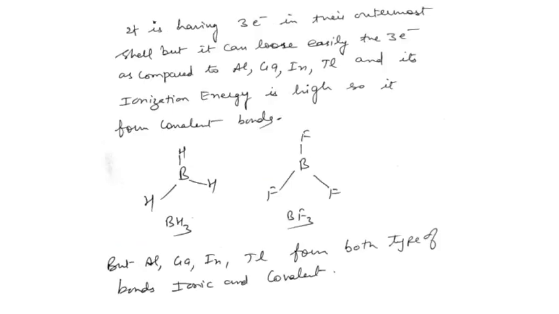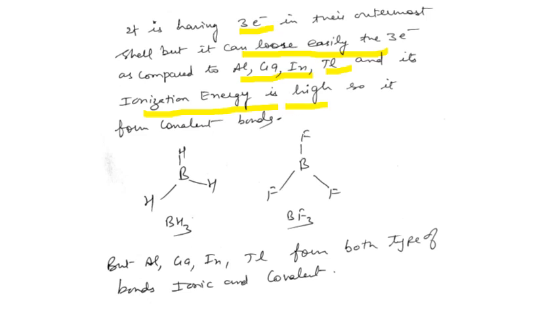As we have seen, these elements have 3 electrons in the outermost shell, so they can easily lose the 3 electrons. Aluminium also, gallium also, indium also and thallium also. But boron has a higher ionization energy. Why?